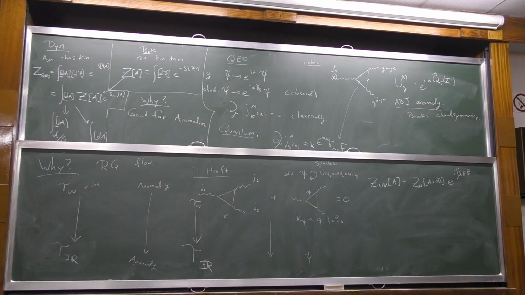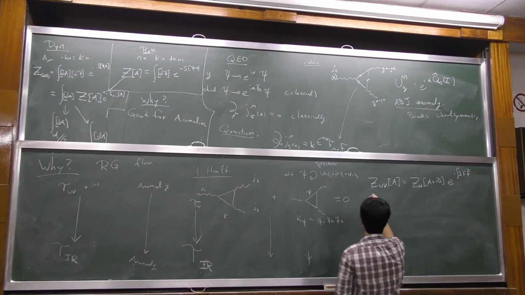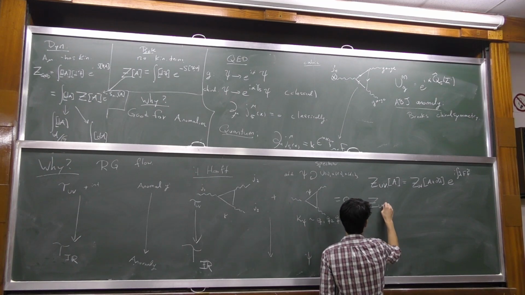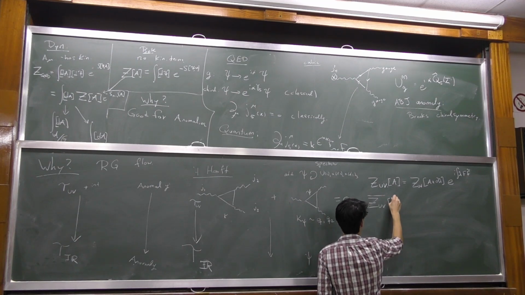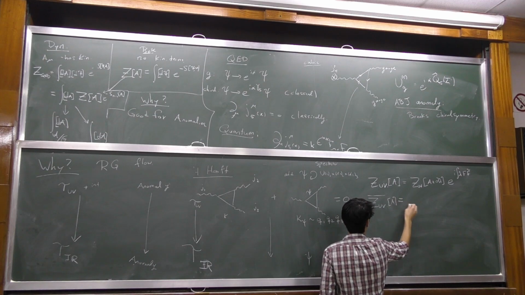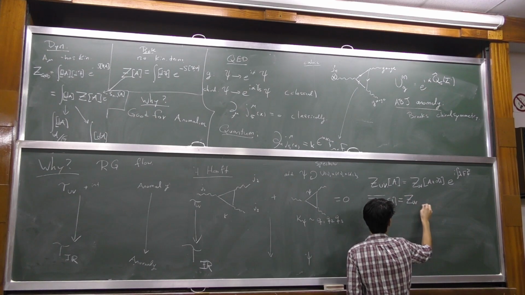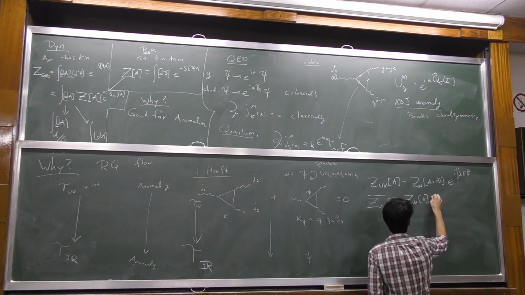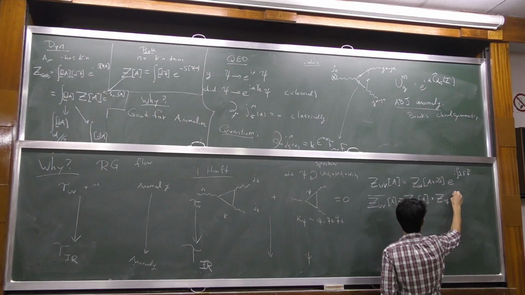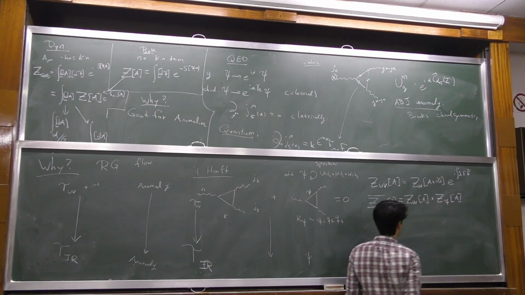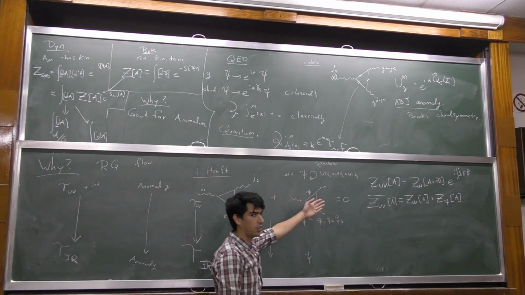I'm going to just start using symbols. So what we can do is we can make some new UV theory, which is the original UV theory times the spectator theory. And this is totally invariant.